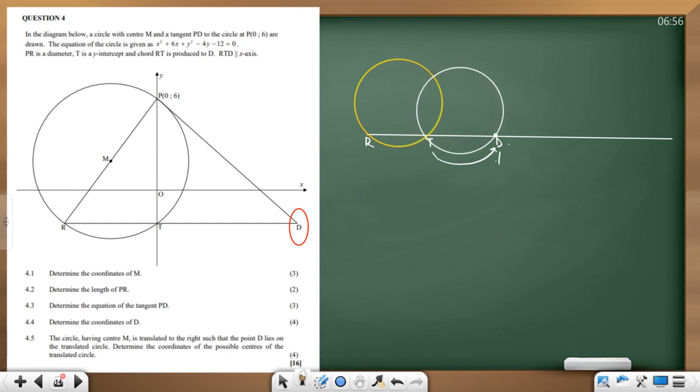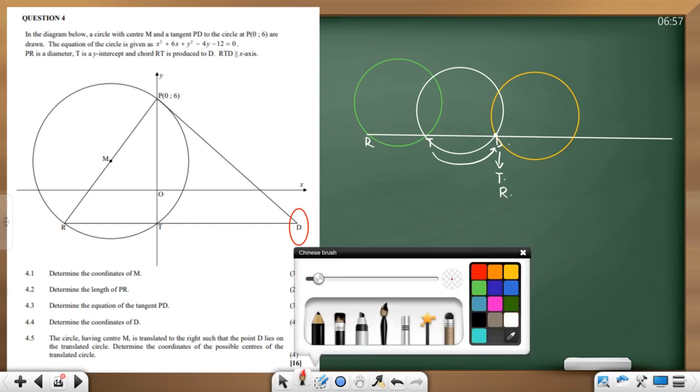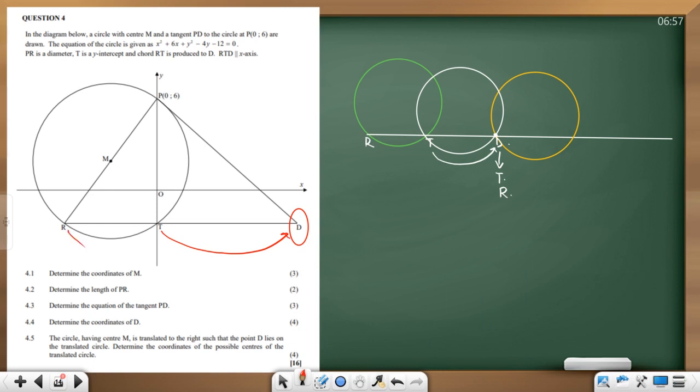So this is now my new point T. Or I could move further, and now point R. So that's something very interesting to look at. So we could have moved point T to D, all right? Or we could move point R to D.